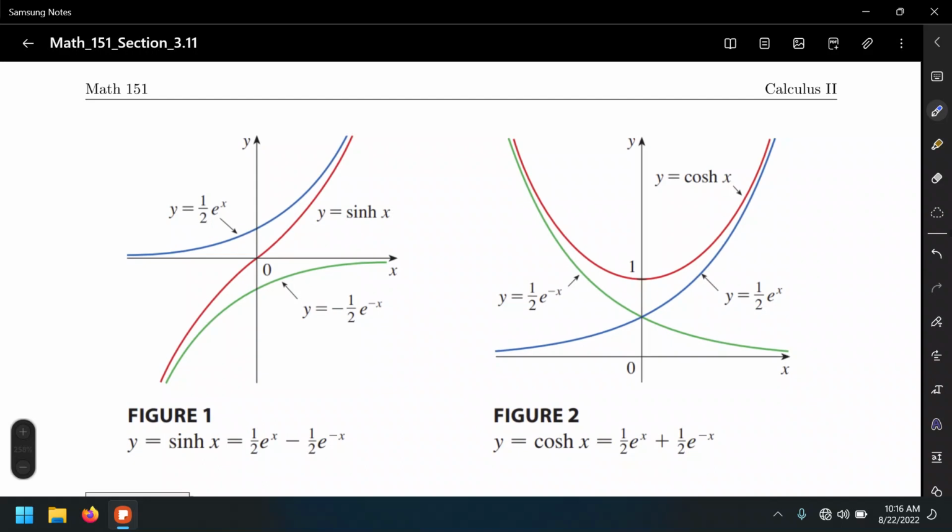So notice in this case, if we have, for example, sinh, which is e to the x minus e to the negative x over 2, we can split this into the difference of two functions, 1/2 e to the x minus 1/2 e to the negative x. So basically what we're doing is combining two functions together, and in an asymptotic way, that's the end result that we get for the graph of the sinh function, and the same for the cosh function.